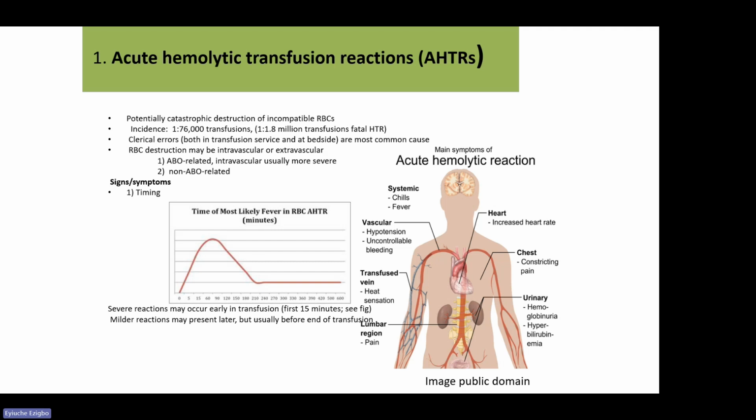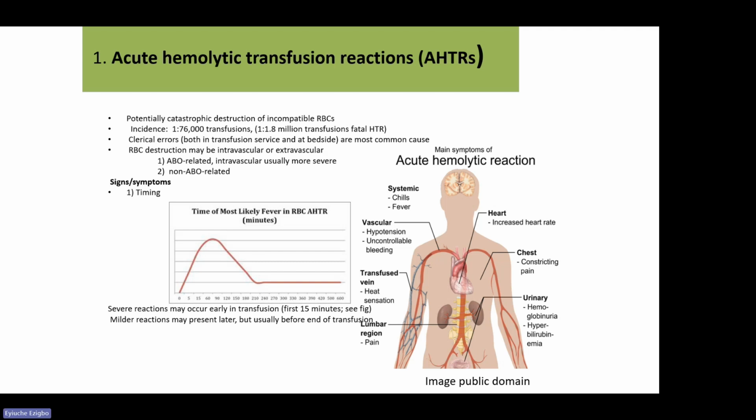The incidence is 1 in 76,000 transfusions. It is mainly due to clerical errors, labeling a donor or a patient wrongly, or problems in identifying the blood group of the patient or the donor, which makes the transfusion ABO incompatible.